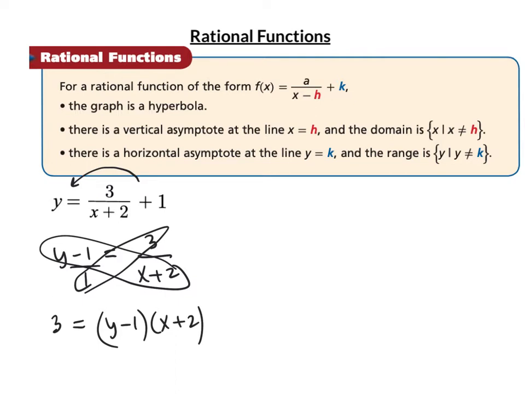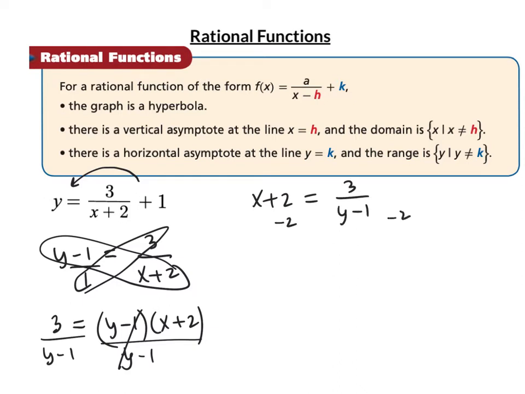Now I'm trying to solve for x. I'll divide both sides by y minus 1. We'll simplify, and I'm going to turn it around. We have x plus 2 equals 3 over y minus 1. Now subtract 2 from each side, and I get x equals 3 over y minus 1, minus 2.